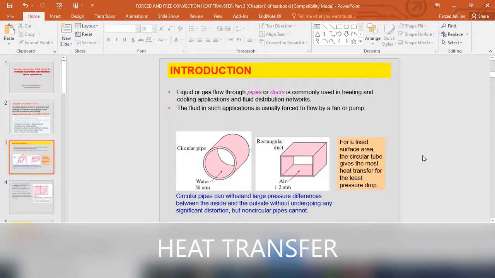And it can cause some heat transfer between the fluid and the pipe and also the surroundings. What we are interested in is the convection heat transfer between the fluid flowing inside something like a pipe, duct, or even channel.